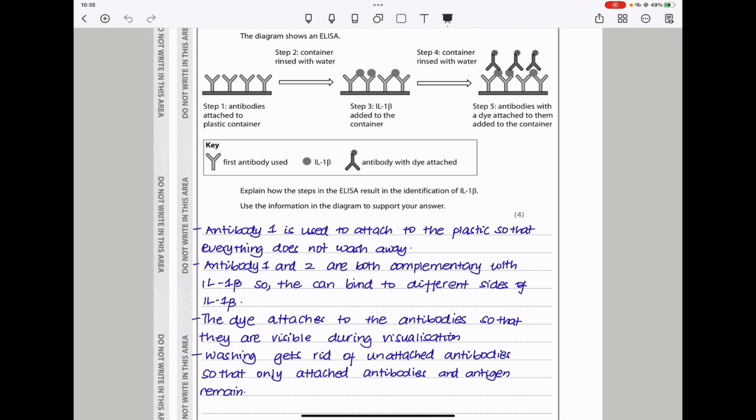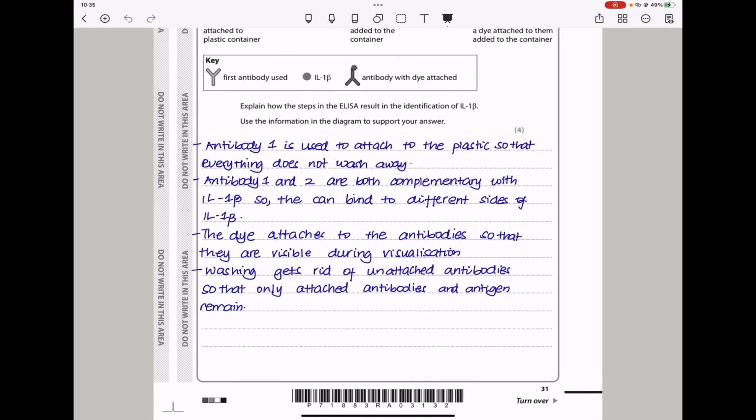The washing process gets rid of unattached antibodies so that only attached antibodies and antigen remain. The key thing here is antibodies as well as the antigen. In this case, IL-1 beta is acting as the antigen, so anything that is not attached is going to be washed away, and that is the reason why we use washing with water.